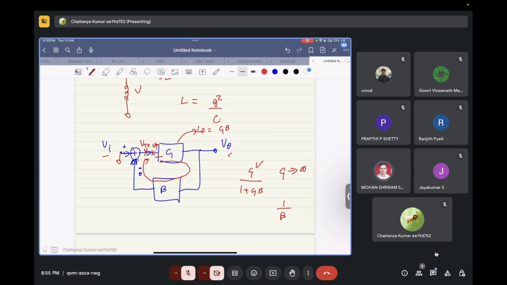Yeah, then it won't depend. But if your forward gain is not very high, or overall G times beta is not very high, in that case it will depend on the open loop gain also. Okay, fine, sir. No doubt, it is clear.